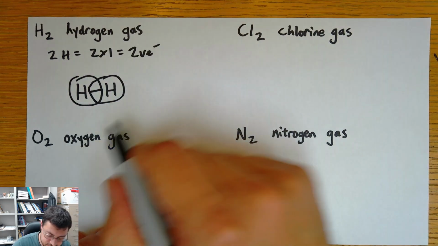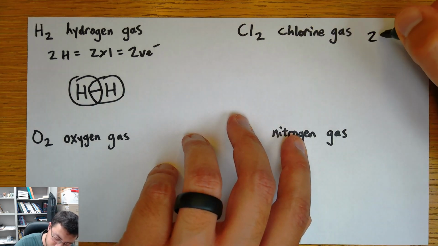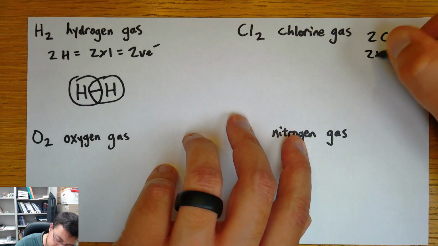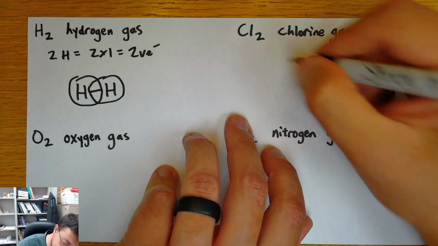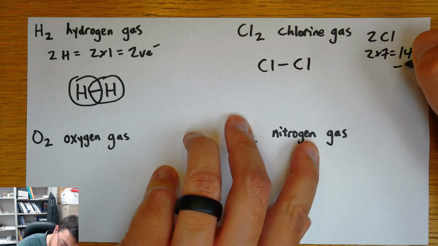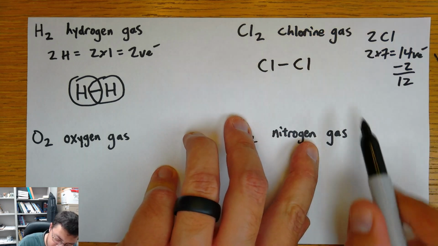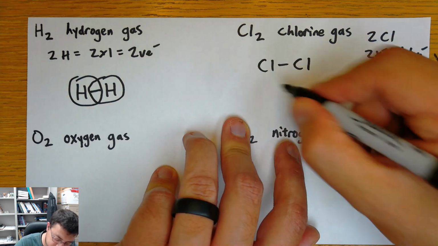Let's do chlorine gas next. 2 chlorines means we're going to have 2 times 7. That's going to be 14 valence electrons. Chlorine, bond, chlorine. 12 electrons left after making that 1 bond. Each chlorine needs 6 more.